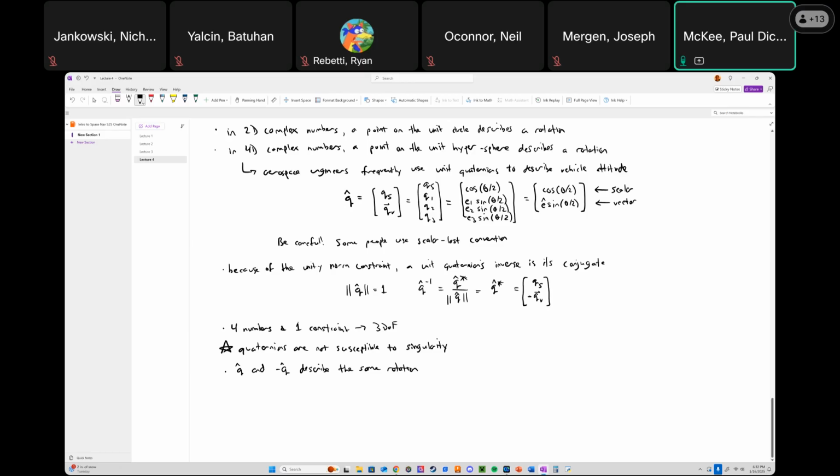So sometimes people run into an issue where it's like, oh no, my quaternion is all negative. Nope, don't panic, it's fine. You could think of this as equivalent to rotating negative theta about negative E.